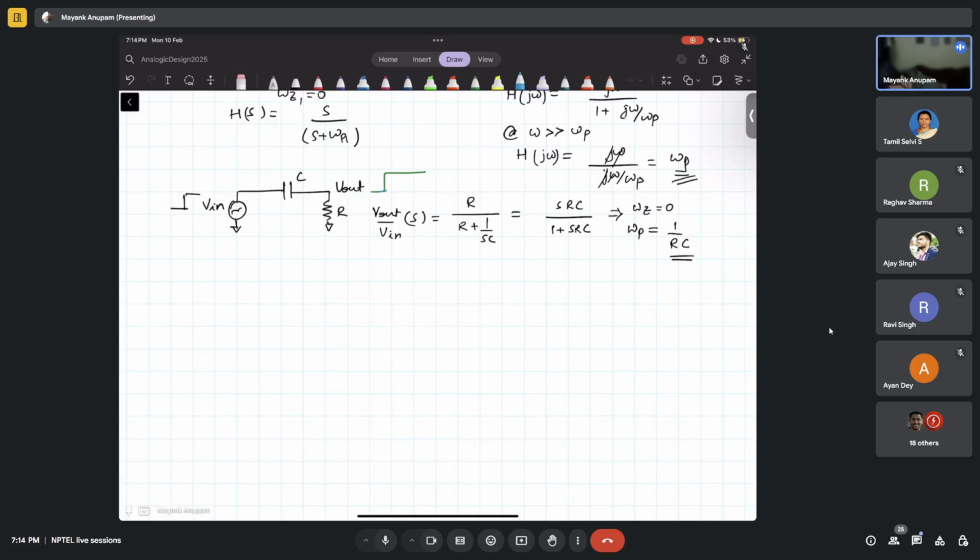It will look something of this kind. Suddenly it will jump here, right? It will jump suddenly at the output, and then it will start going down this way, isn't it?